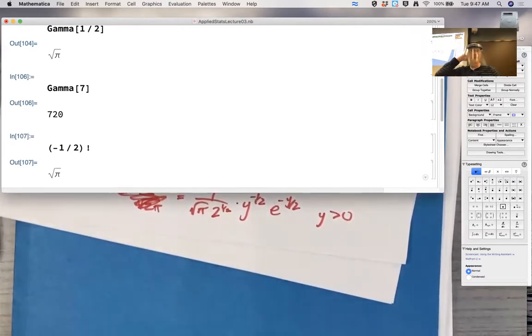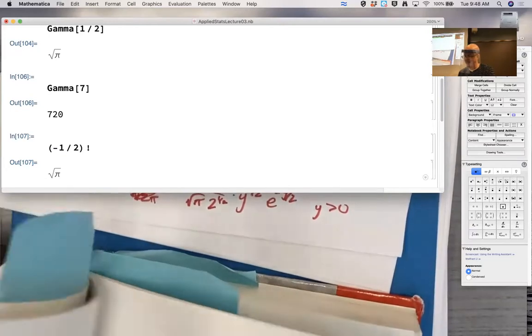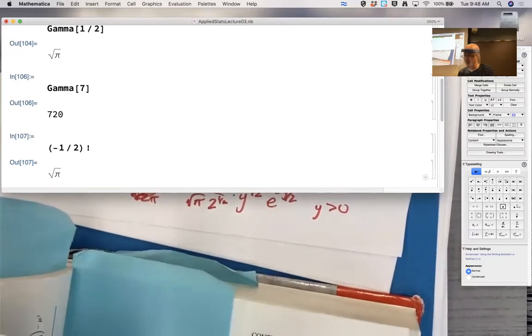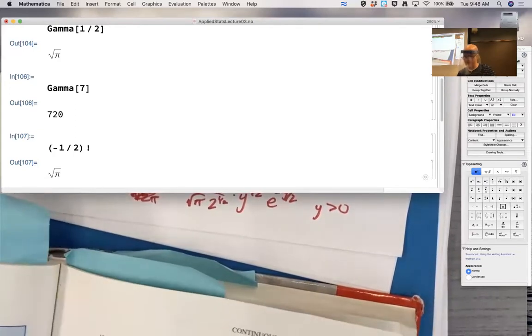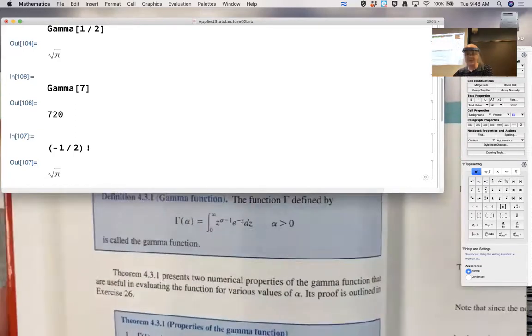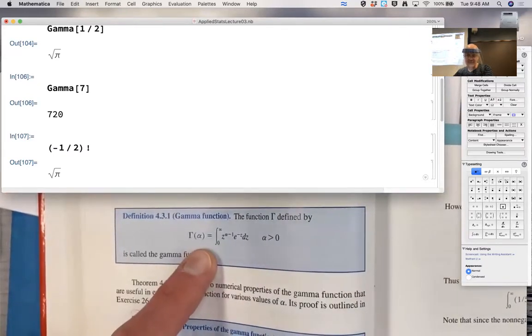The gamma function is defined for other values of the input besides positive integers. And it can give you weird things like this. It's defined in chapter 4 using an integral. A very strange looking integral. The capital gamma function is this function of alpha.